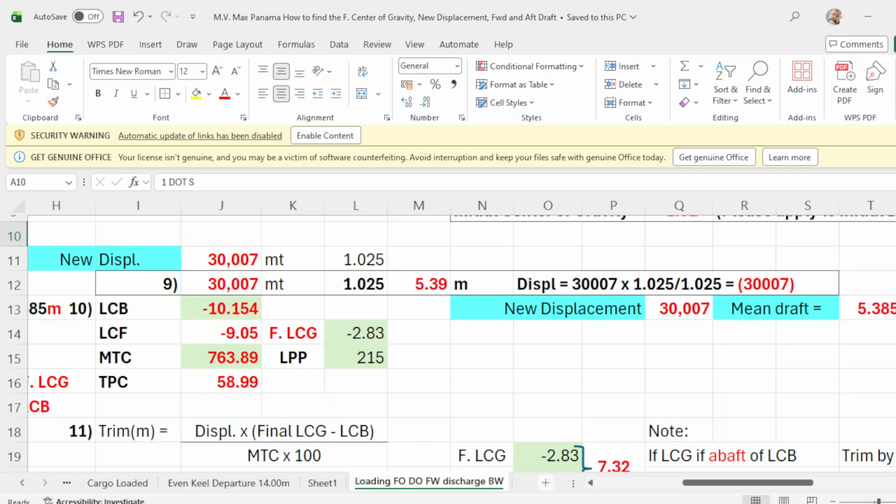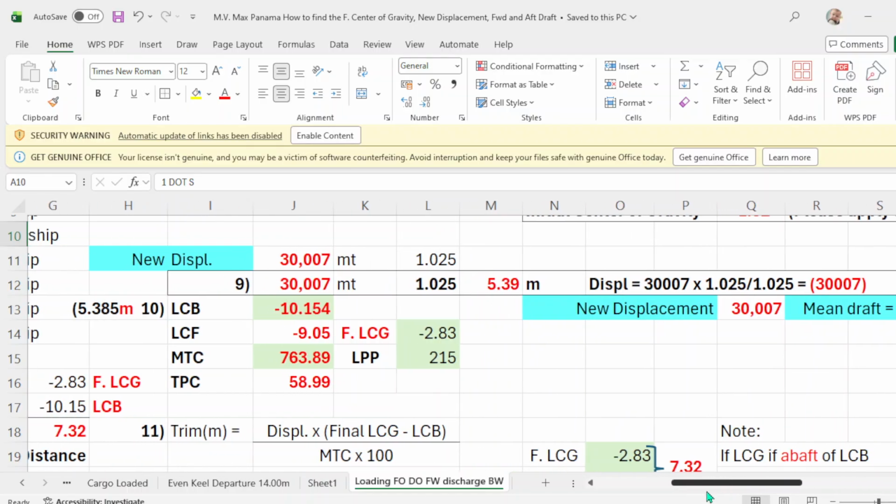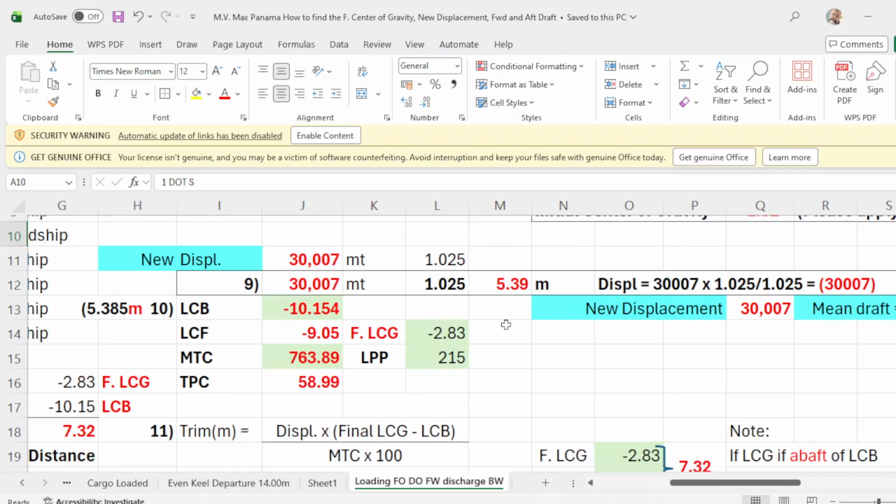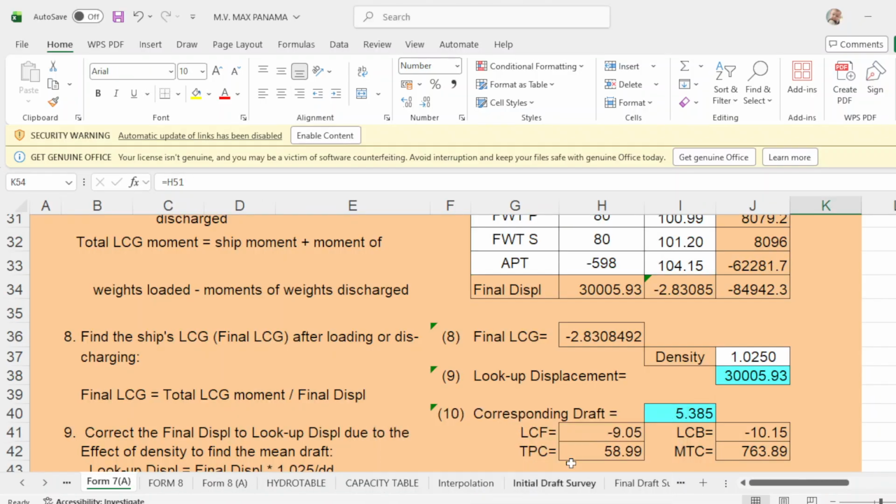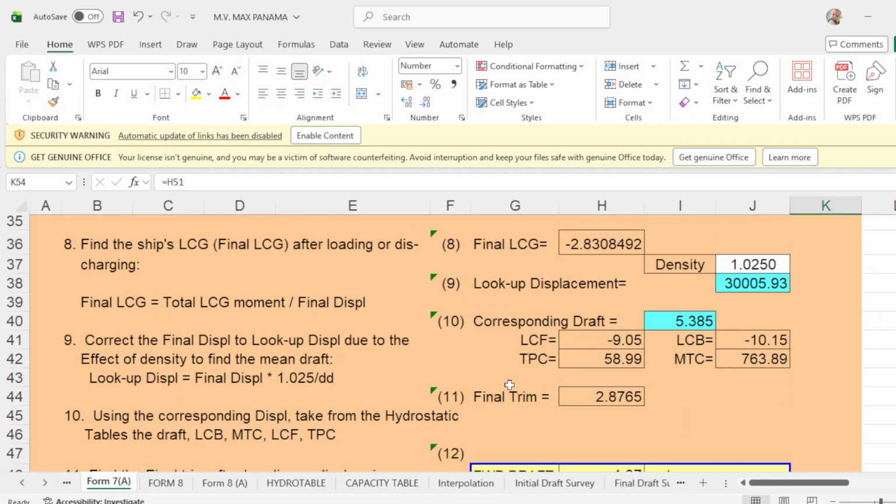This is already rounded up, or 5.385 or 5.39. But this is the actual graph now, 5.385. Then, number 10, you look for the LCF, TPC, LCB, and MTC.